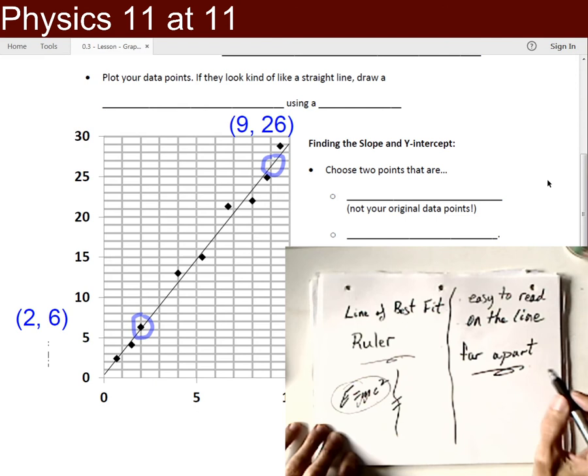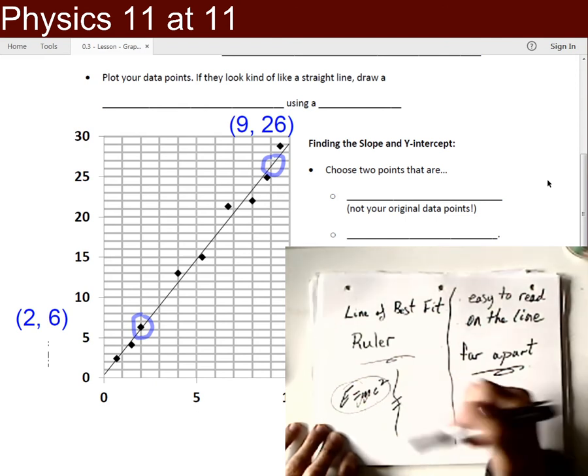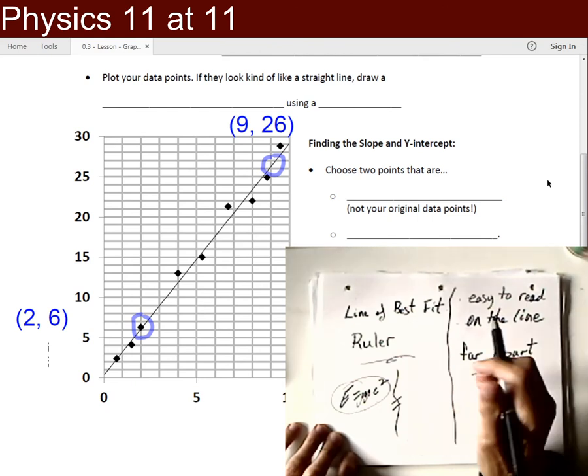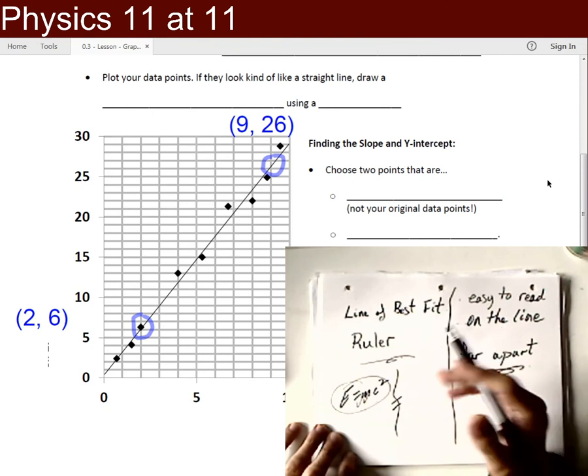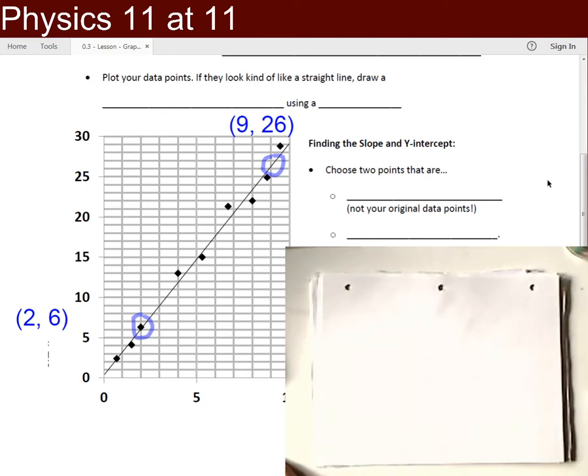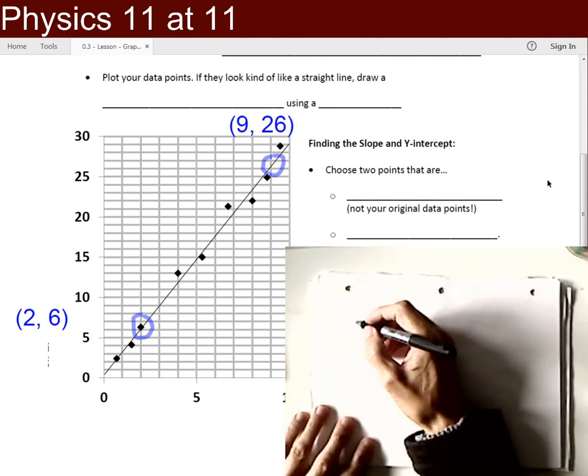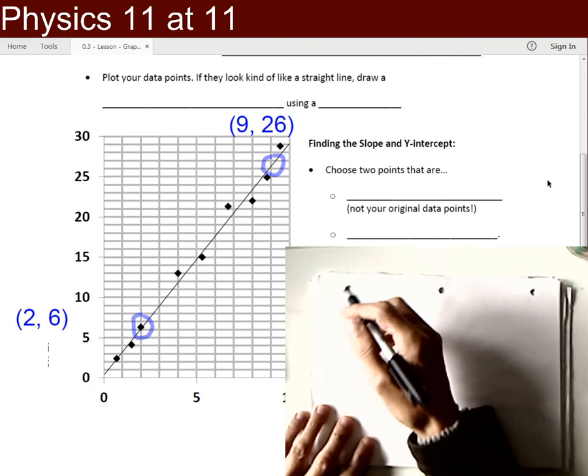So what I've shown so far are things that need to be on the graph: title, units, labels, and then how to select points. Well, what we're going to do, finding the slope is one typical calculation for a line, and it's super important actually. So we're going to remind ourselves how to find the slope of a line joining 2 points.